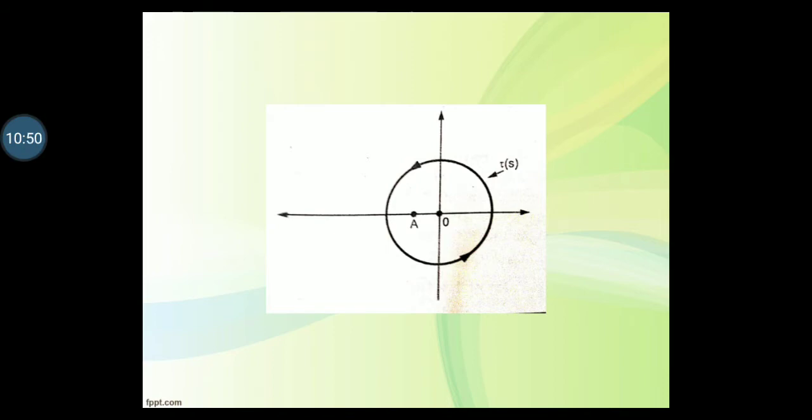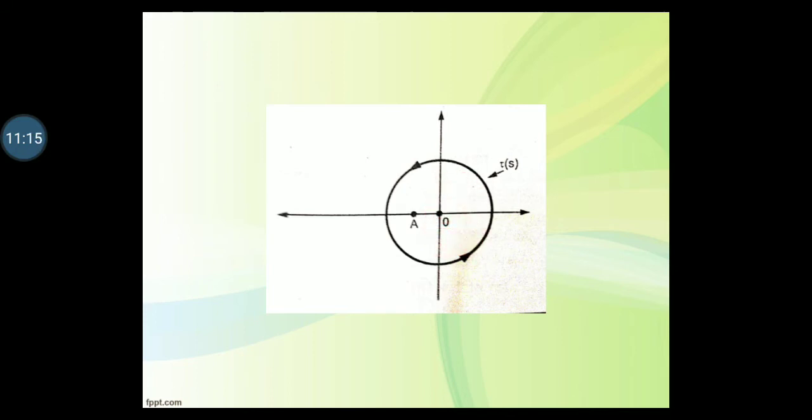A point is said to be encircled by a closed path if it is found to lie inside that closed path.